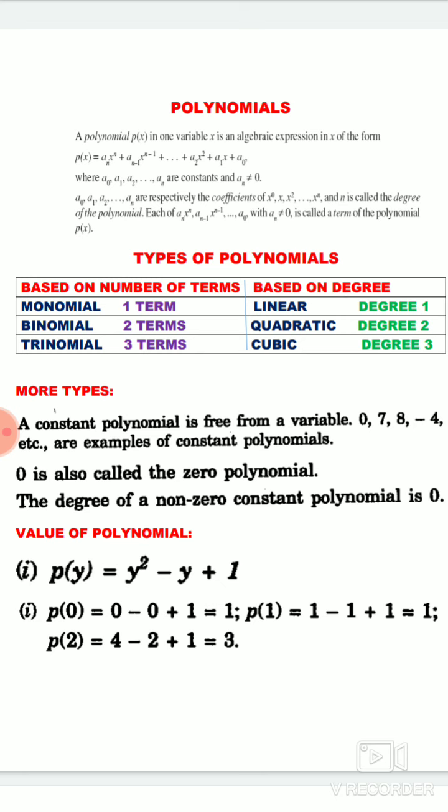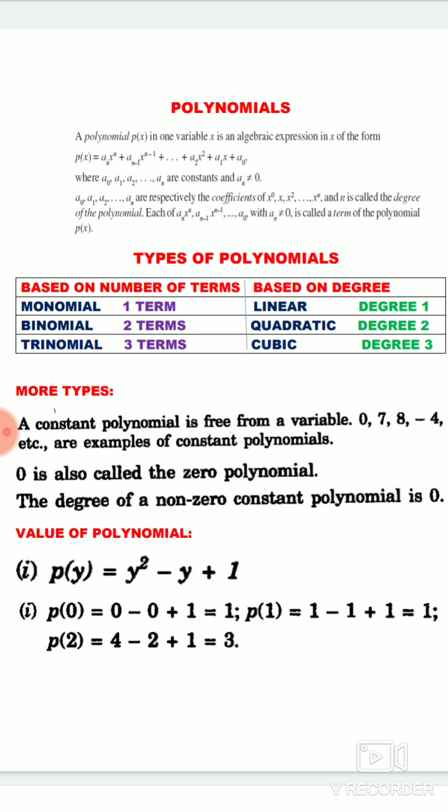If I put 0 in place of y, it becomes p(0) = 0 squared, which is 0, minus 0 plus 1. So the value of this polynomial at 0, that is p(0), is 1. Similarly, when I put 1 in place of y, p(1) = 1 squared is 1, minus 1 plus 1, then plus 1 and minus 1 cancel and the final answer is 1.